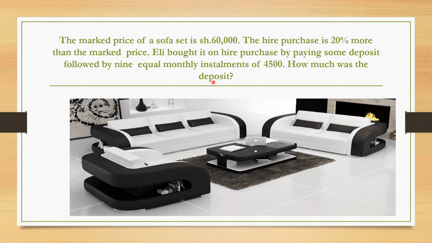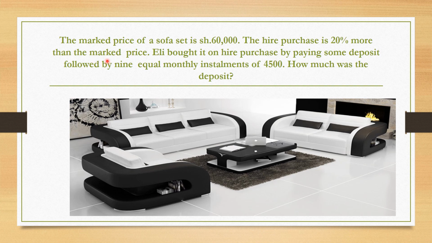But how will you find the hire purchase? Very easy. Just know that the market price is always 100%. So if 60,000 is equal to 100%, what about 120? Why am I saying 120? It is because the market price is always 100%, so if this one is 20% more, it is 100 plus 20, which is 120.